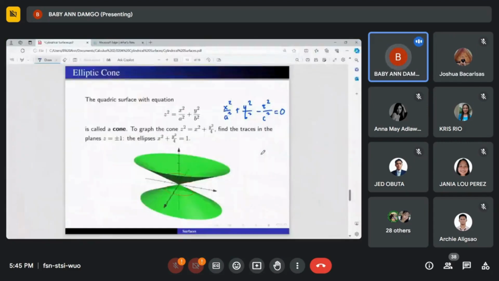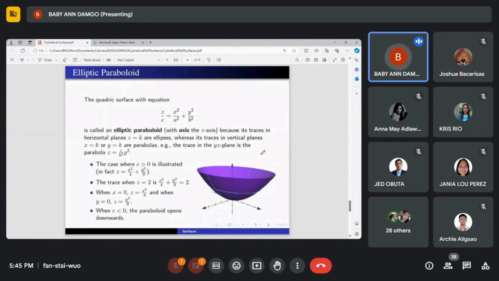Okay, so for another quadric surfaces, we have elliptic paraboloid. So from the word elliptic, maka-form siya ellipse. And then from the word paraboloid, maka-form sad siya of parabola. So ang elliptic niya class kani siya. This one. And then ang paraboloid is kani ng mga traces.